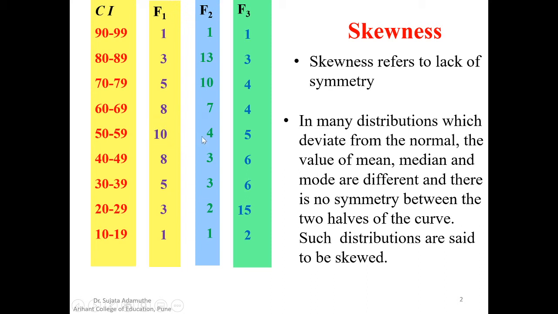But if we calculate mean, median, mode of this group, they are not equal, and here also the values of these measures of central tendency will come out different, and this is called skewness.